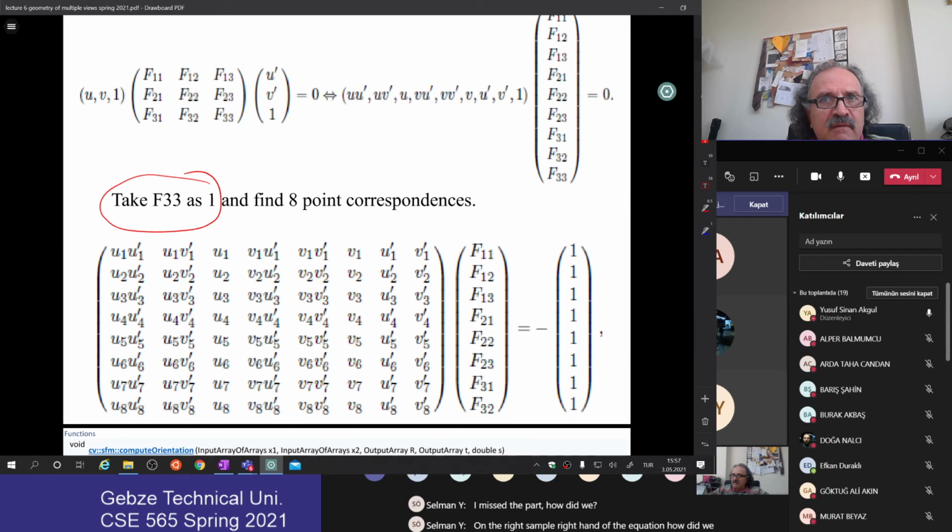Isn't it the rotation and the displacement of distinct cameras, both of them? Selman, could you talk a little bit louder? Is it the rotation and transform matrix for each camera? Exactly. So what is the difference between these two then?